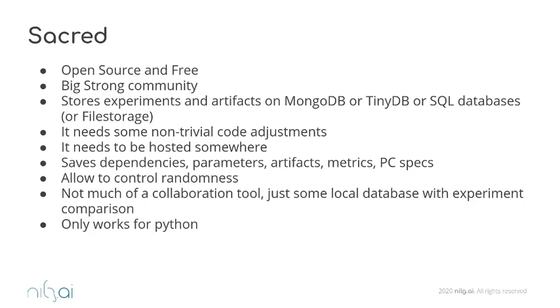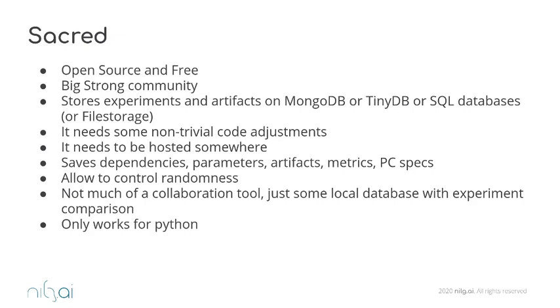In comparison with other tools in which we have a website which is accessible to everyone with a key or with a password, you have to host it somewhere and store it in a local or in a remote machine that stores all your experiments. So it needs some non-trivial code adjustments.